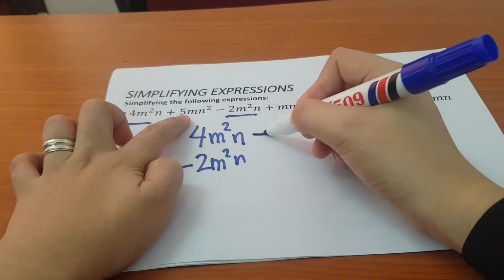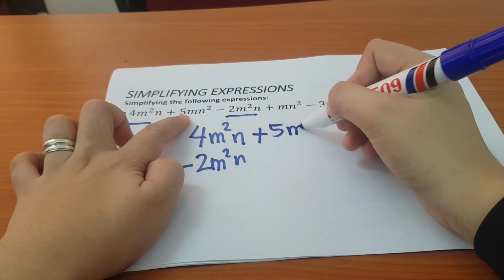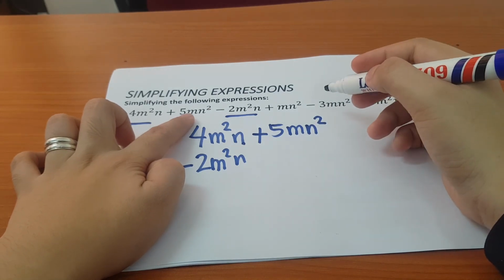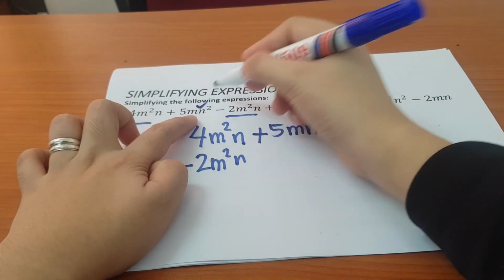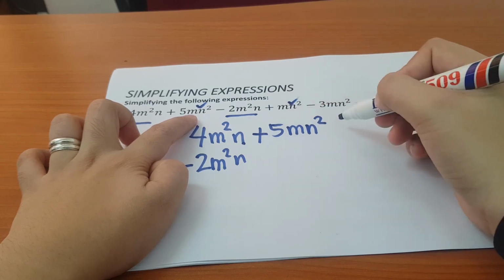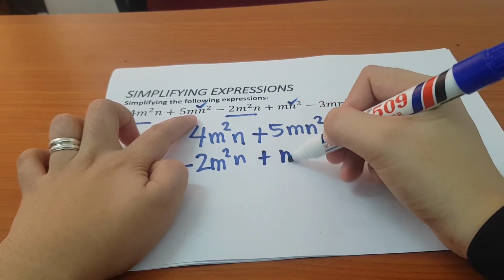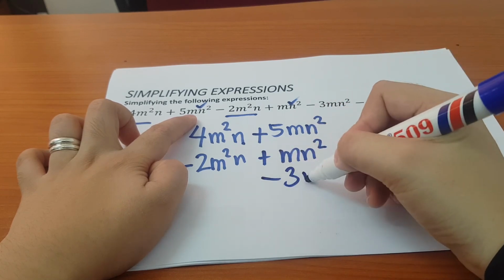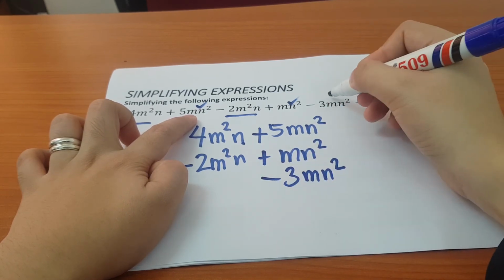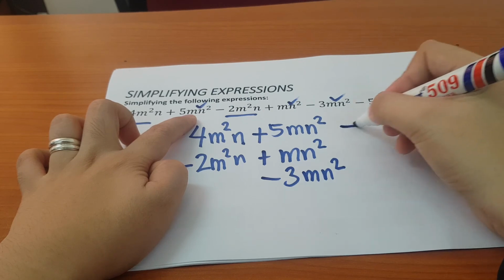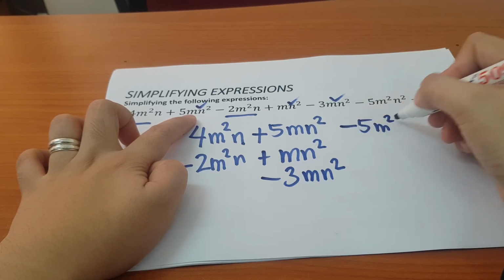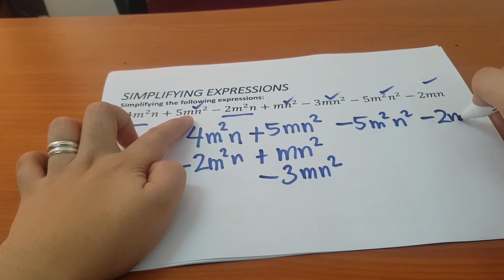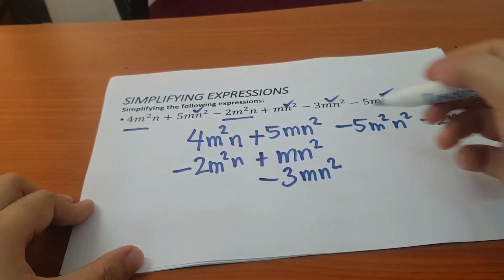Okay, let's go to the next. 5mn squared. Okay, this is done. mn squared, this one, plus mn squared. Okay, this one, 3mn squared. This is different, so it goes in a different column, and this is also different, so another column.